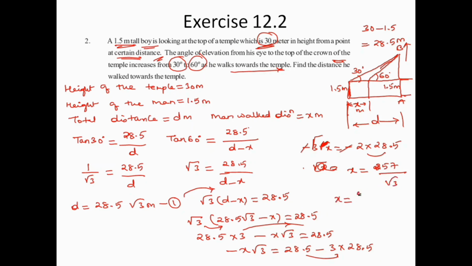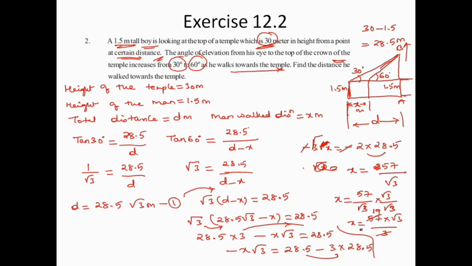Now rationalizing the denominator, that is root 3 into root 3 by root 3, right? So here I am left with 57 root 3 by 3. I'm dividing this one directly, 19 times.